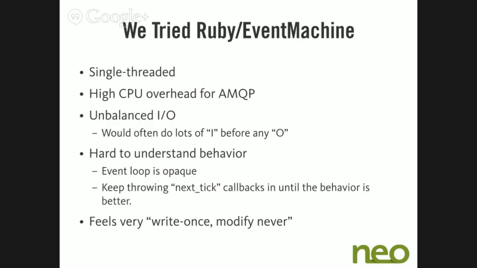So again, our initial implementation on it was already on Event Machine, and all of this stuff was working fine for the lower number of devices. When you got into a larger number of devices, we ended up with this really interesting unbalanced I/O problem, where the Event Machine loop and RabbitMQ, the AMQP gem that you would use to talk to RabbitMQ, would essentially have to drain the entire input queue before it would do any output.